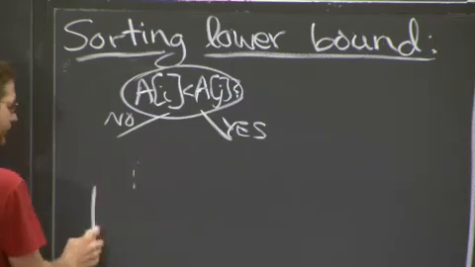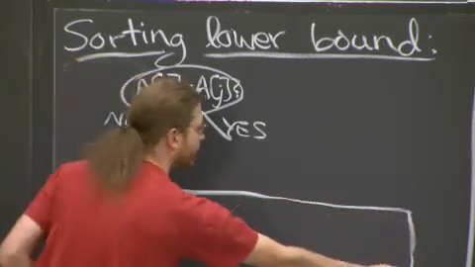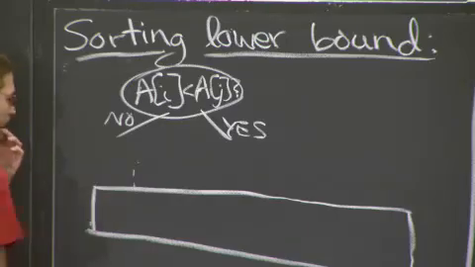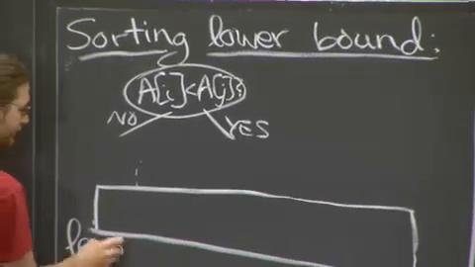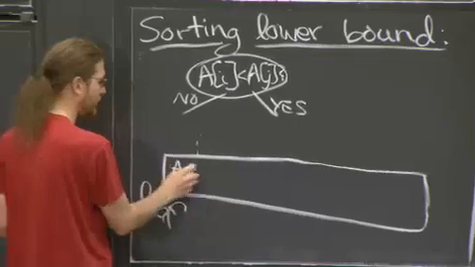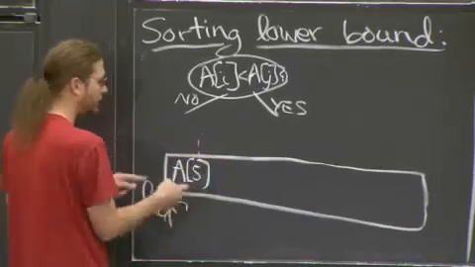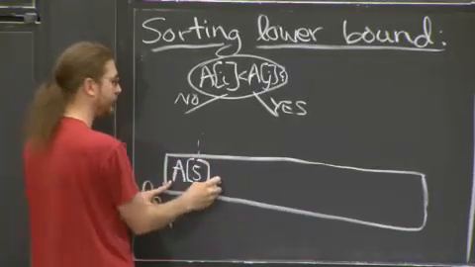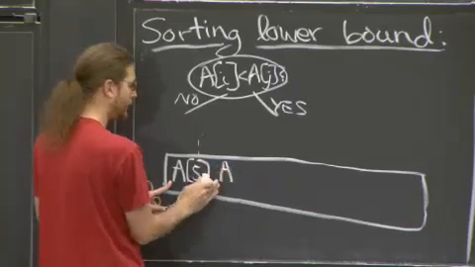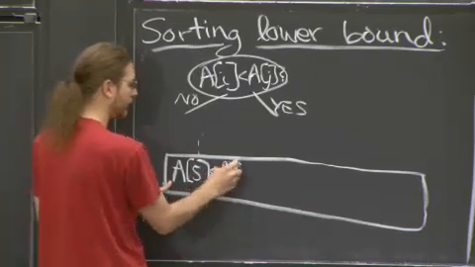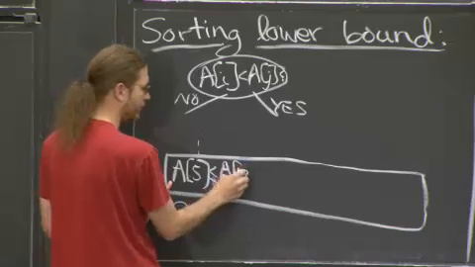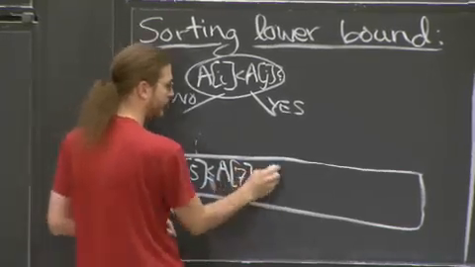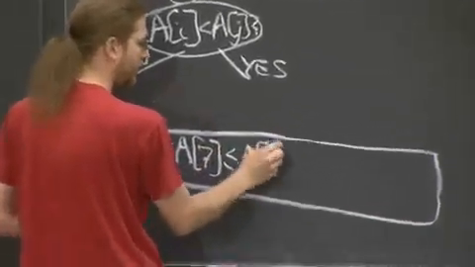And then when you get down to a leaf, this is the interesting part. A leaf will look like this. I took the original A5, and that turned out to be the smallest element. Then I have A7. That turned out to be the next smallest element. Then A1.